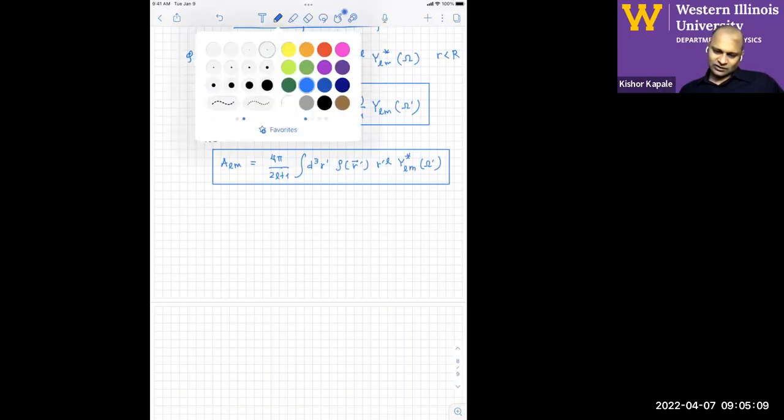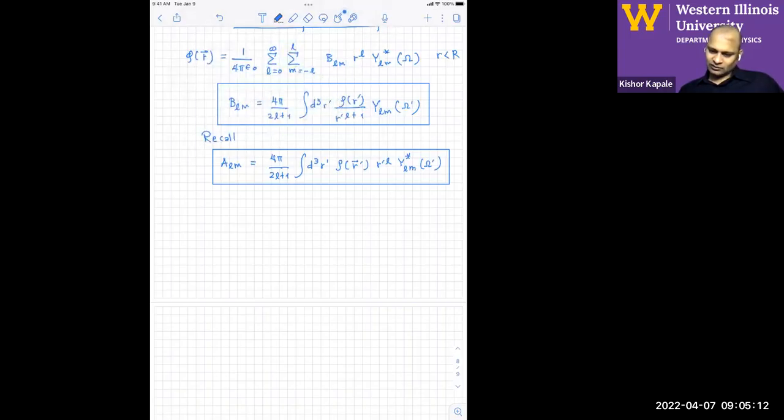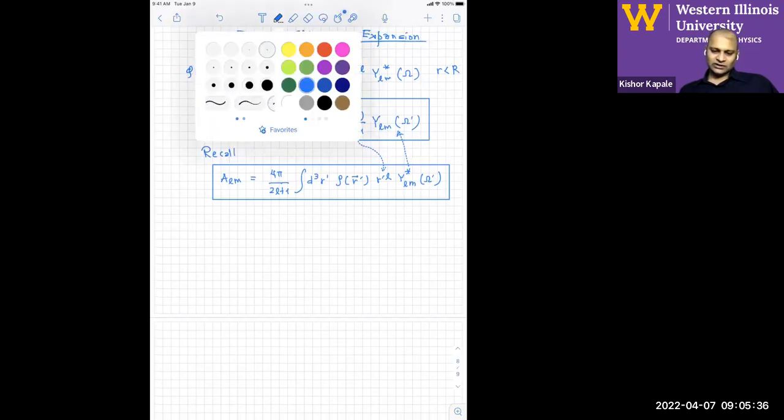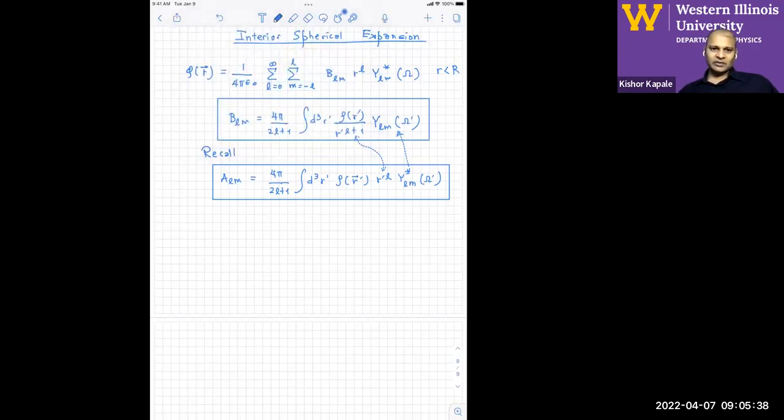I'm just going to use dashed lines to point out. This star is different. There's no star here. And the distance parameters are different. In one case, you have r prime to the L for the exterior moments, and for the interior moments, you have 1 over r to the power L plus 1, and then Y_LM versus Y_LM star. Okay, so that's how these two things are different. Everybody with me? Does that make sense?